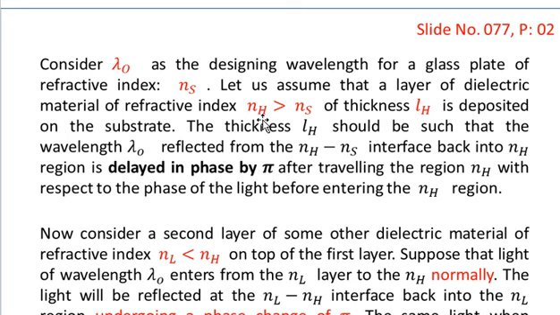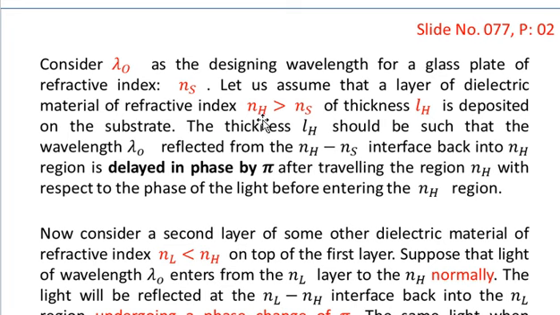Basically these are three coatings: coatings due to NS, coatings due to NH, coatings due to NL. So these are three regions, and these three regions form two interfaces. One interface is the NH and NS interface, the other is the NL and NH interface.